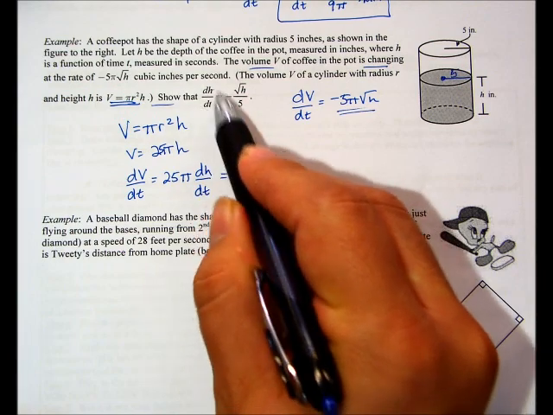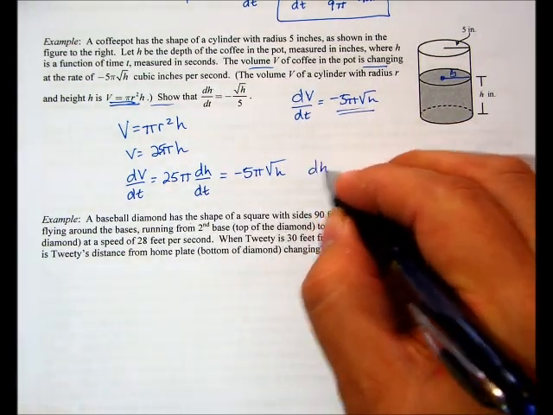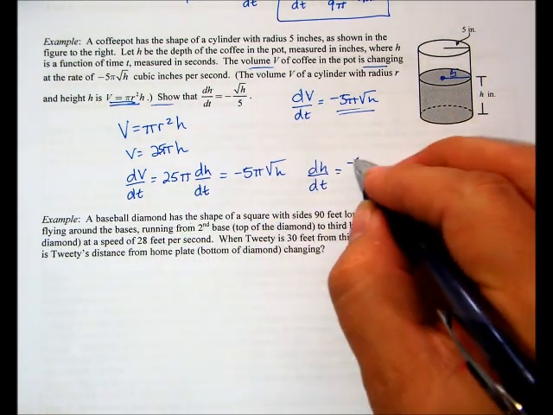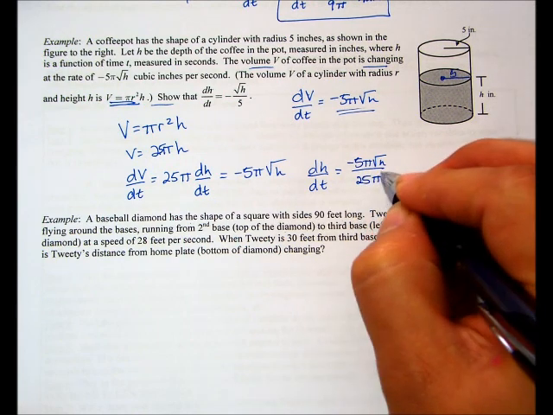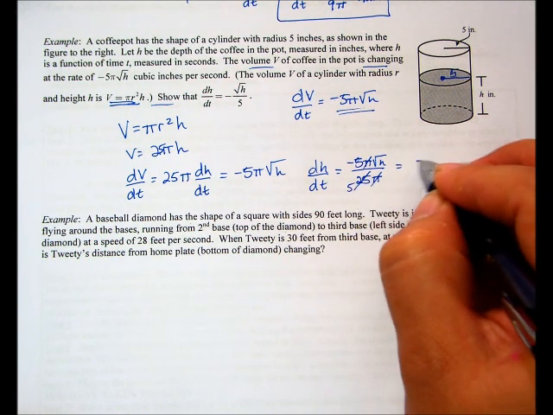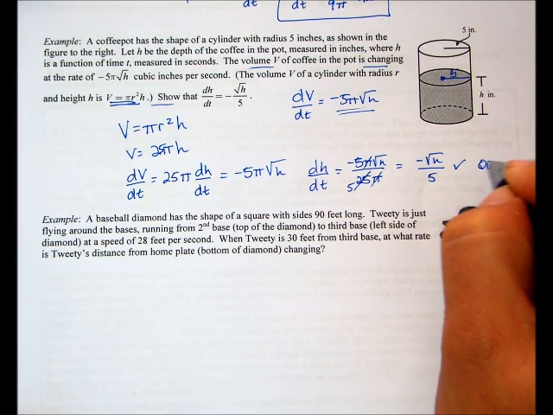So we're going to solve for dh/dt by dividing 25 pi over. dh/dt, if I divide 25 pi over, I'm going to get negative 5 pi root h over 25 pi. Pi's reduce, the 5 reduces, and I get negative root h over 5, which is what we wanted, QED.